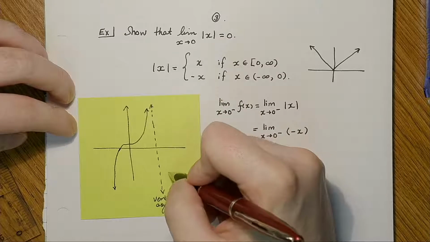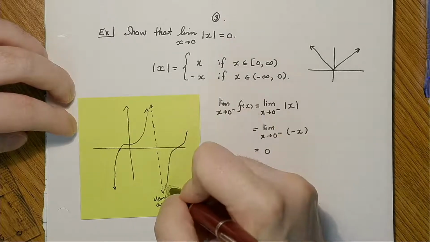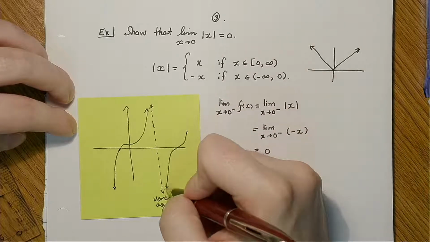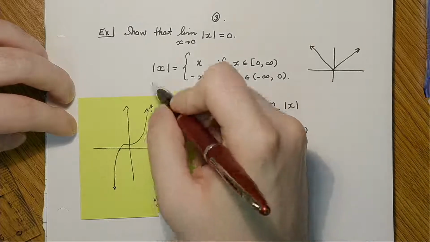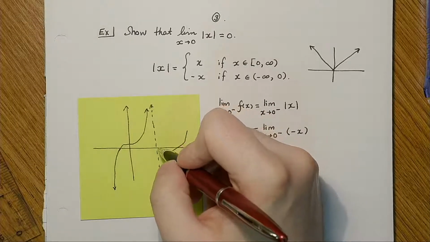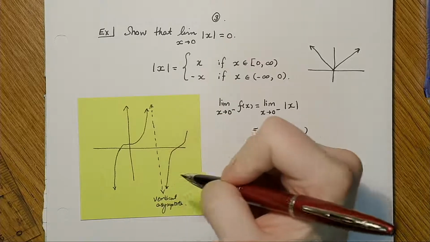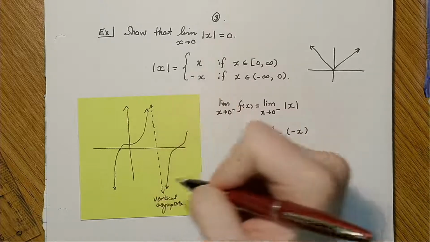Something like that. And it always kind of repeats. This is going to negative infinity, this is going to positive infinity. So again, the limit doesn't exist here. Again, they're not going to the same value. It's not defined there.